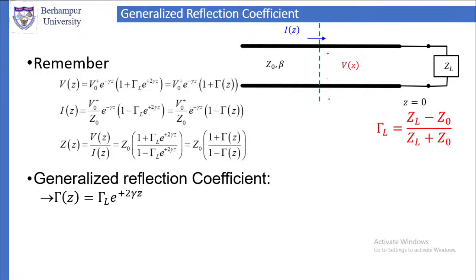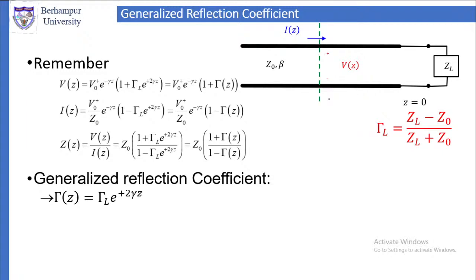That you can write as V0+ by Z0 exp(-jβz) into (1 - Γ(z)). We have simply dropped the L for simplicity.